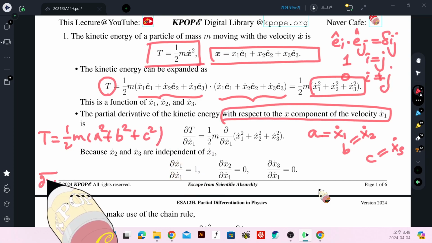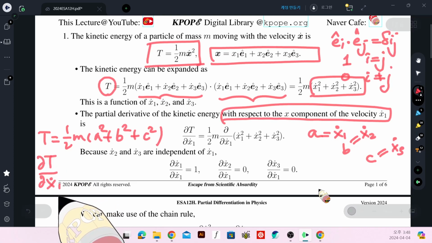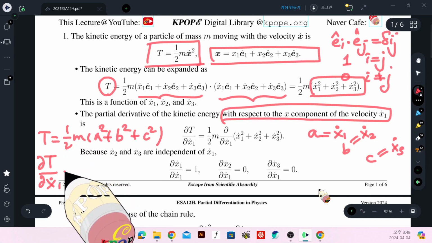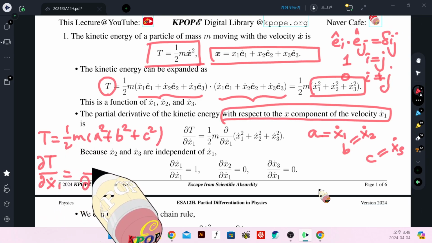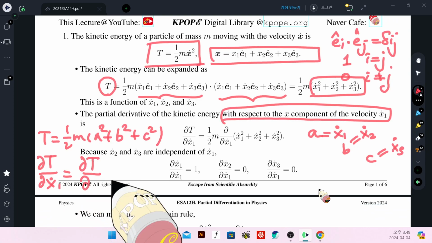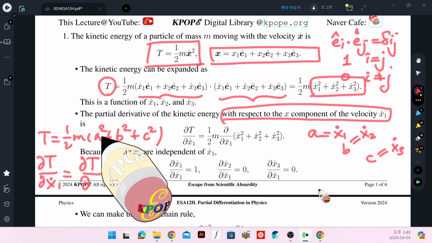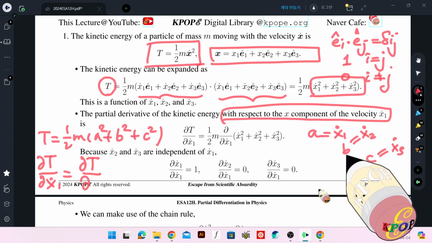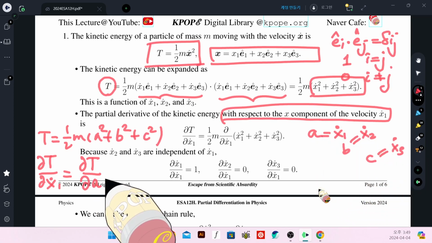So the partial derivative of the kinetic energy with respect to the x component of the velocity is something like this after replacing these xi dots with a, b, and c.